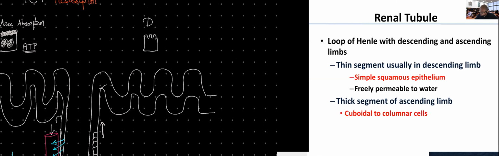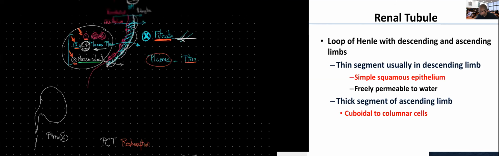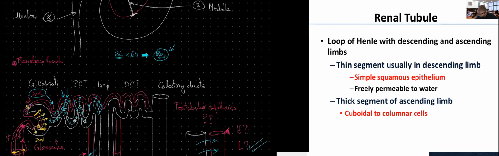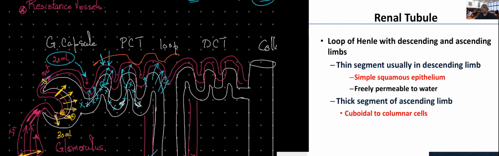The distal convoluted tubules are going to be more concerned with secretion. What secretion here? If I've got stuff that didn't get filtered, so they didn't pass in here, they are still remaining in my capillaries. They didn't get filtered in the glomerulus.